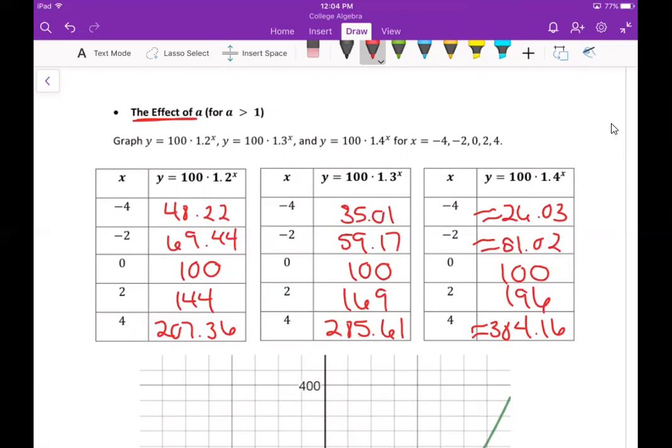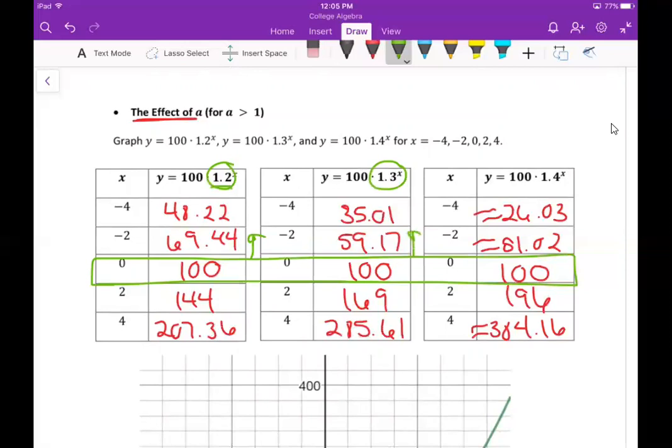So just look at the relationship between these numbers here. Notice with the 1.2 to the x, and notice with all of these functions, that they all have the same point at 0. But as we start to move backwards into the negative x's, the 1.2 compared to the 1.3 decays slower than this one. And this one decays even faster.